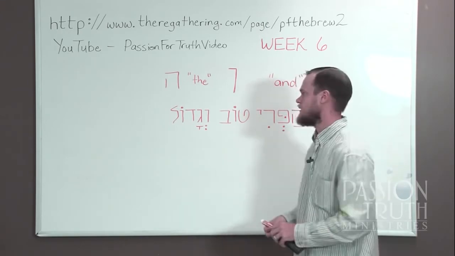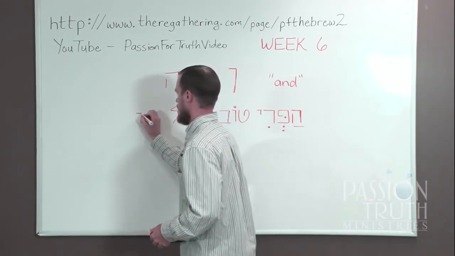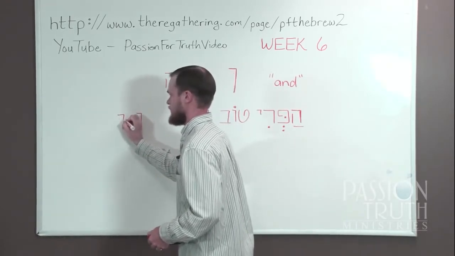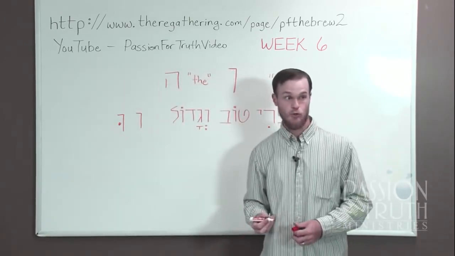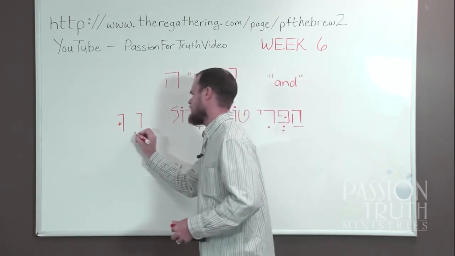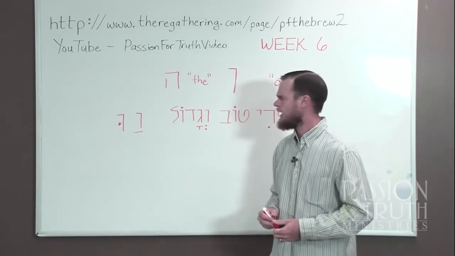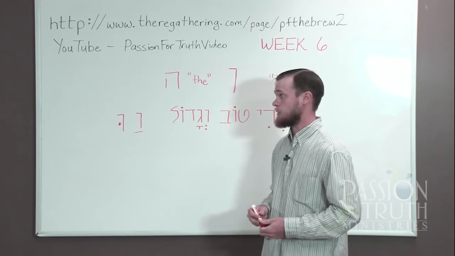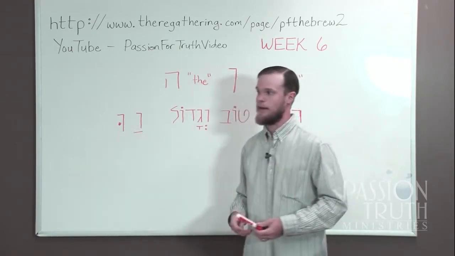You'll also see other possibilities, and I think there's actually more than this, but you'll find a shuruk at the beginning, just an oo sound, and you'll also find a patach. I think you can find just about any vowel, because sometimes the rule is that it matches the vowel that comes right after it.